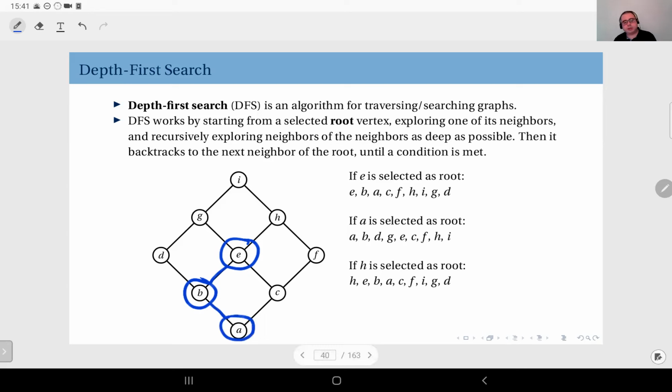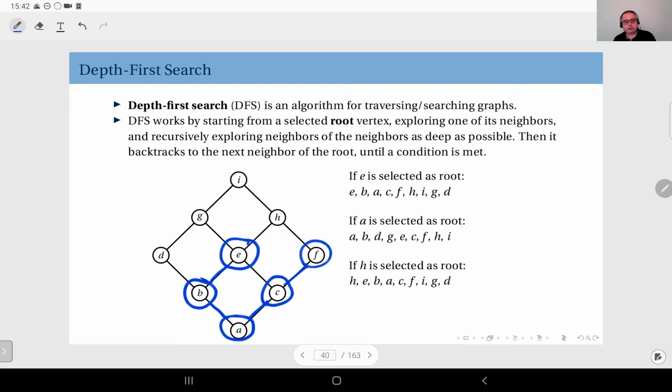And then look at the neighbors of A. They are B and C. B is already visited, so I need to go to C. Okay, and the neighbors of C are A, E, and F. A and E are visited, so I need to go to F.